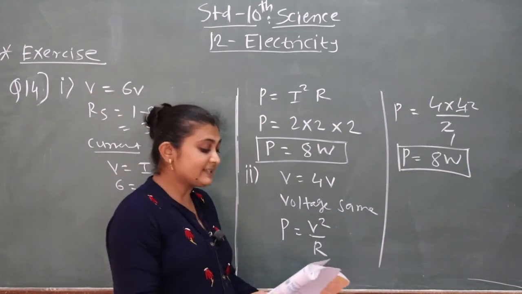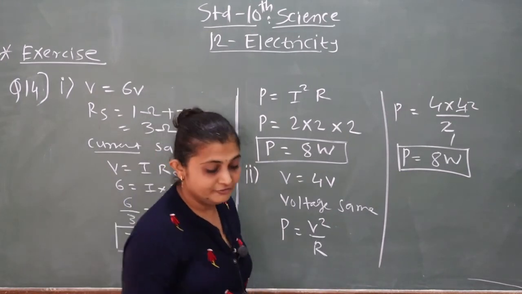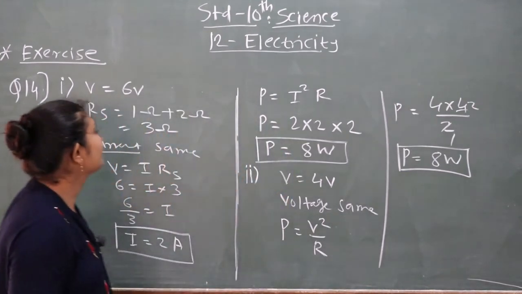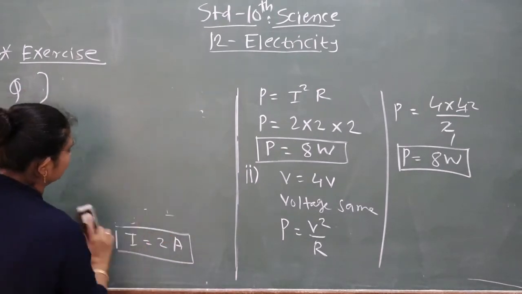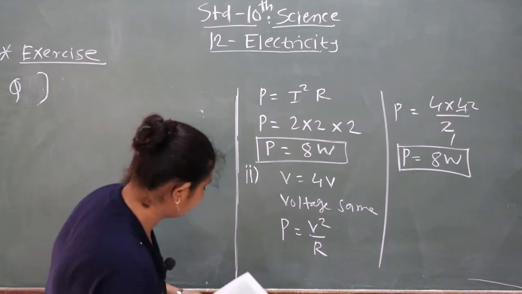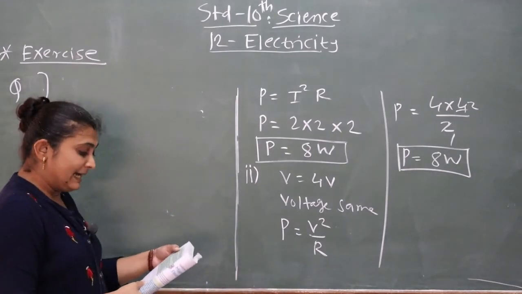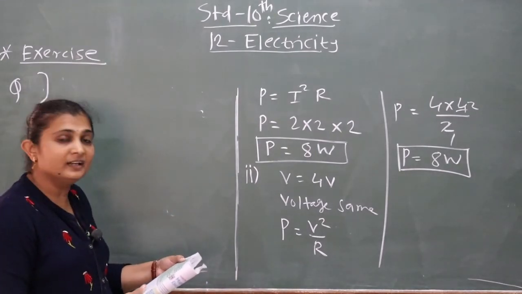Now next question, question number 15. Two lamps, one is rated 100 watt.